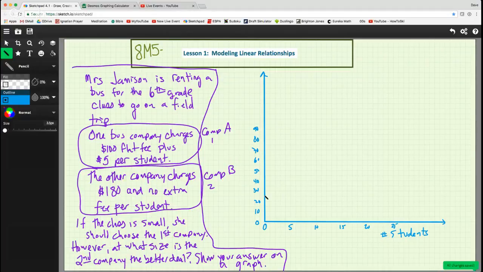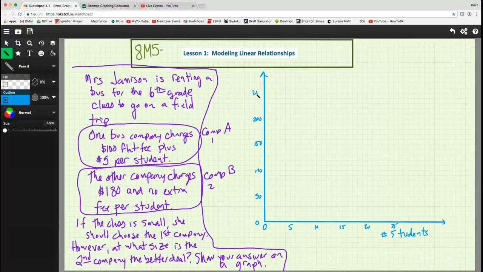Now this isn't going to work out. So we've got to do it like this. Let's go 10, 20, 30, 40, 50, 60, 70, 80, 90, 100, and 1, 2, 3, 4.